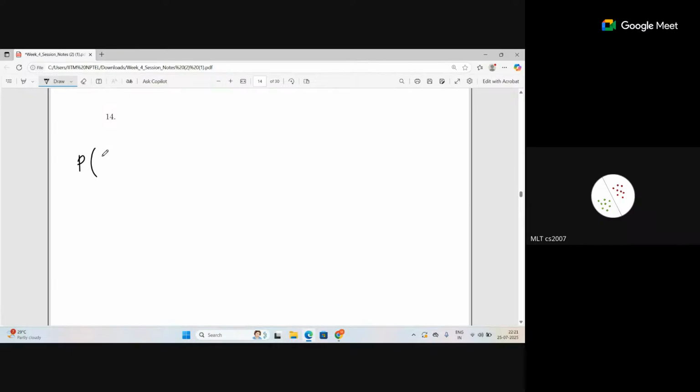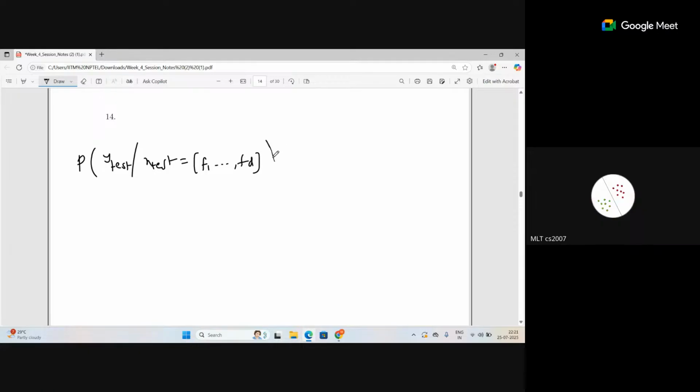So what we have done here, can we do it once more? Probability of y test given x test, and it will contain these features.